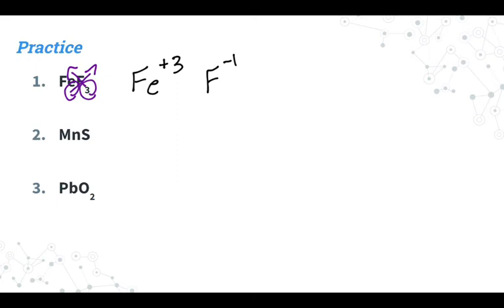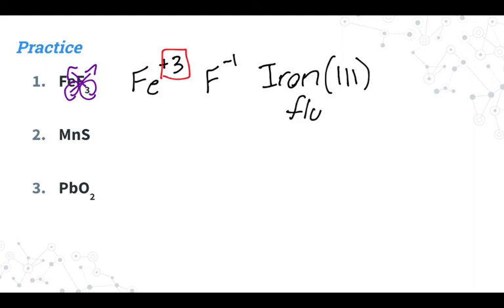Our Fe being our iron. Now, because it is a transition metal, we'll take a look at the charge. So the charge of this is 3. And then our fluorine will become our fluoride. So we get iron 3 fluoride.